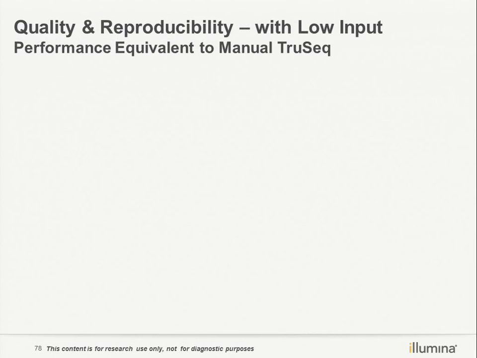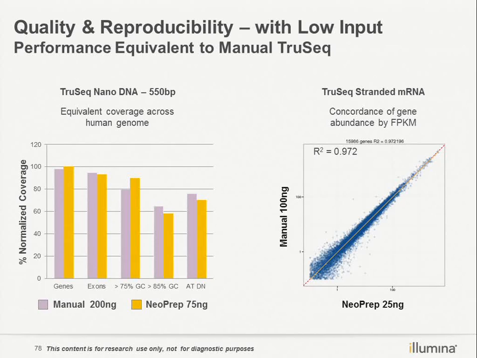Okay, so let's see its performance. We compare the NeoPrep with some manual processing. For NeoPrep, we use a smaller amount of DNA input, and they get very comparable coverage. Then we compare the concordance of the libraries prepared manually and automatically.